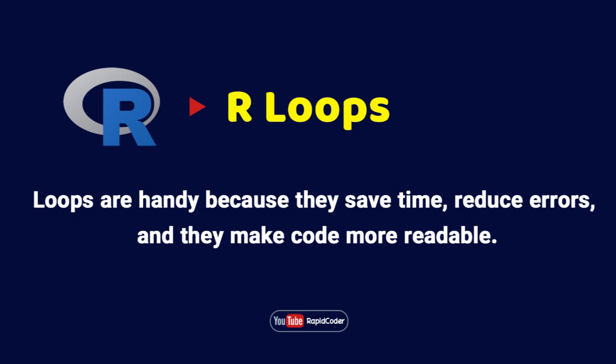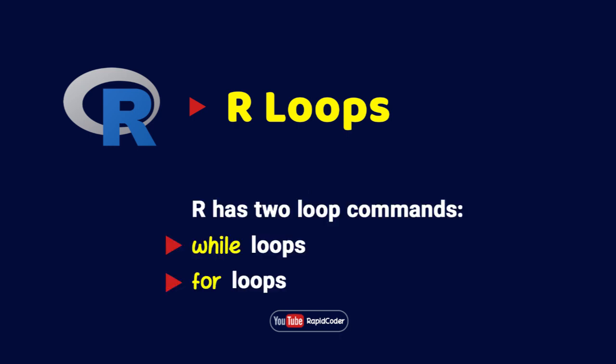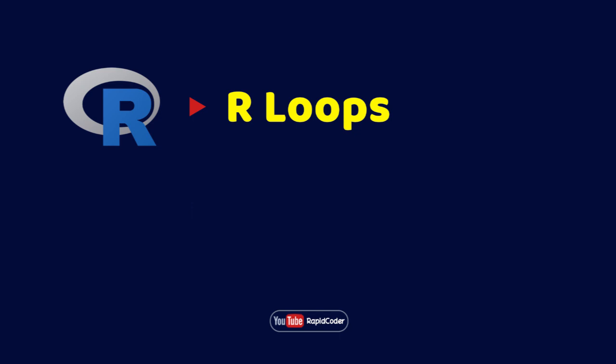Loops are handy because they save time, reduce errors, and make code more readable. R has two loop commands, while loops and for loops. First, we will introduce while loops. While loops can execute a set of statements as long as the condition is true.